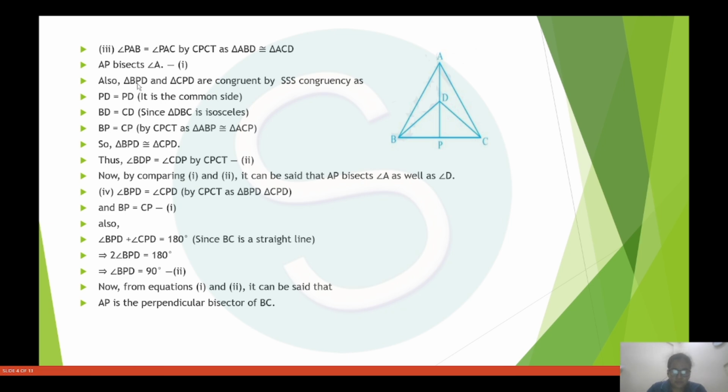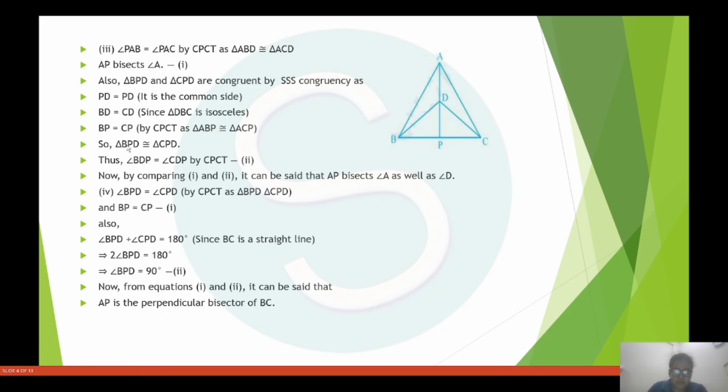Also अगर हम ये प्रूव कर दे कि BPD and CPD are congruent, तो क्या होगा? उससे हम फिर CPCT का यूज कर पाएंगे. So इसको कैसे प्रूव करेंगे? Here PD is our common side and BD equals to CD क्योंकि ये एक isosceles triangle है DBC, and third BP equals to CP by CPCT as triangle ABP is congruent to ACP.